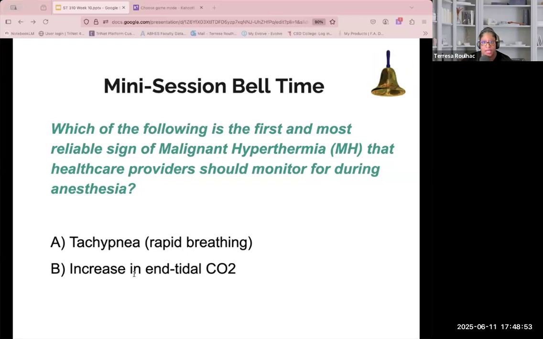So it is B. Now, again, I chose this one specifically because both of these are signs of malignant hyperthermia. It's just now we're putting it into which one is first. We're having rapid breathing, but why? Well, the rapid breathing is happening to get rid of the CO2. The CO2 is there because it has increased. Okay.